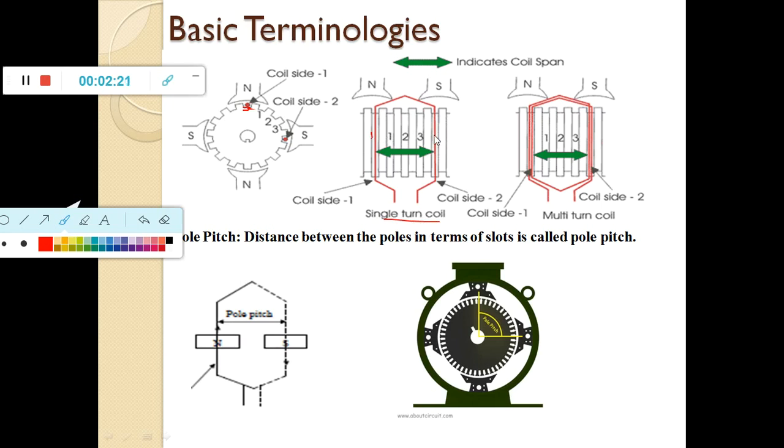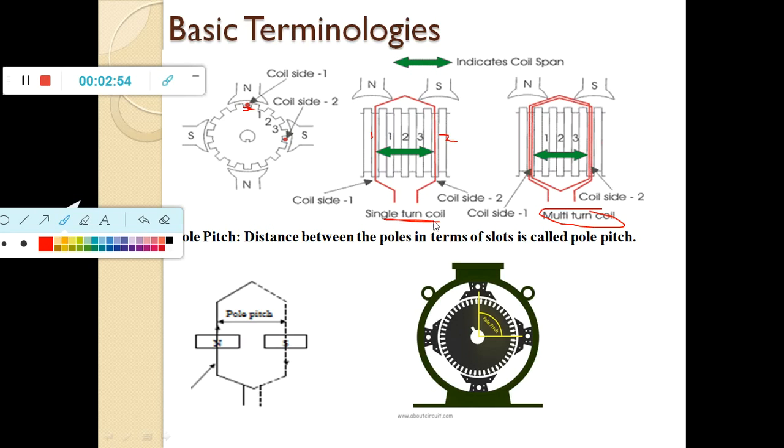Likewise, we have multi-turn coils also. Remember, if a conductor in one slot is connected to a conductor placed in the other slot, it will form a turn.